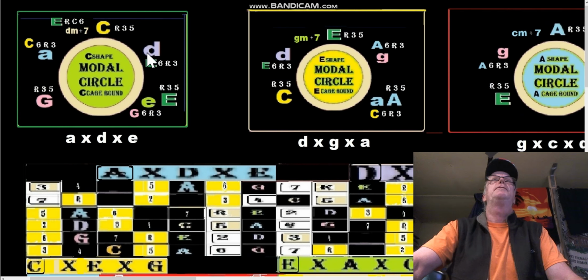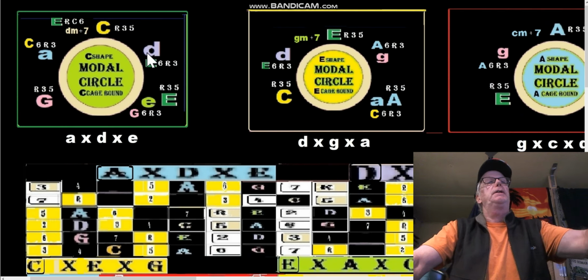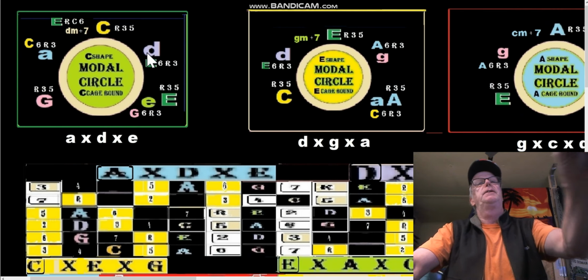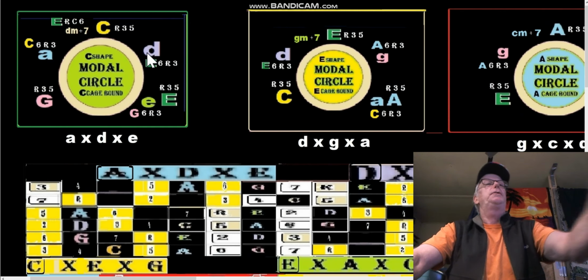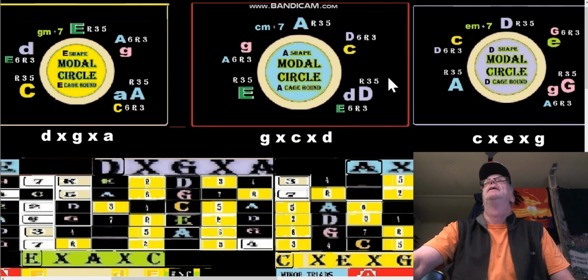If we're going in fourths, then we're going C to E to A to D to G to C again. We'll notice C, E, we'll find it over here, right here.